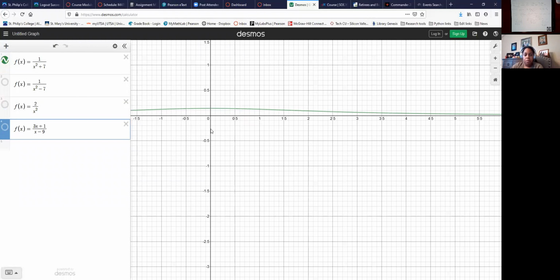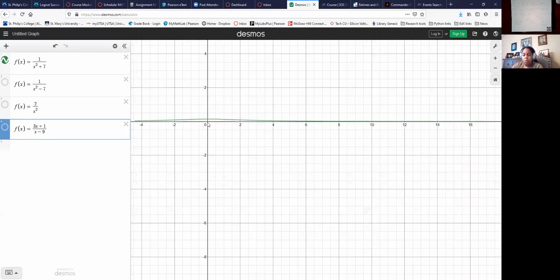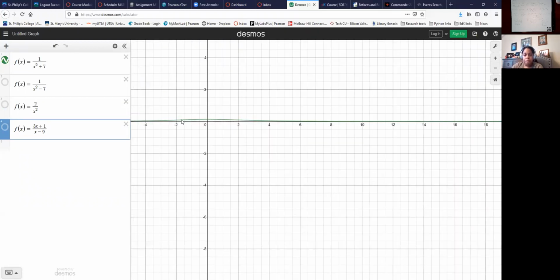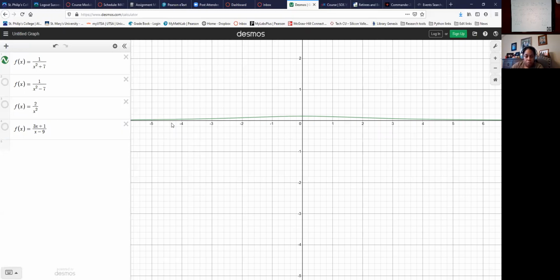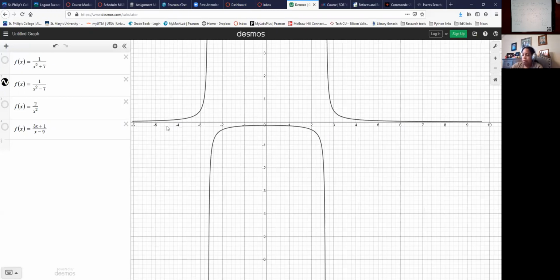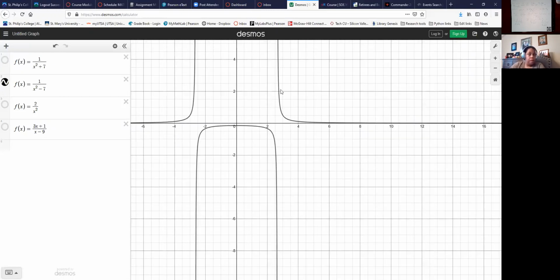If you see this guy, there's no x value that it has problems with, right? There's no gap. Although it's never 0, which is why it approaches 0 as a horizontal asymptote, but does not have a vertical. Look at this guy. There's two spots right here. It can't be.